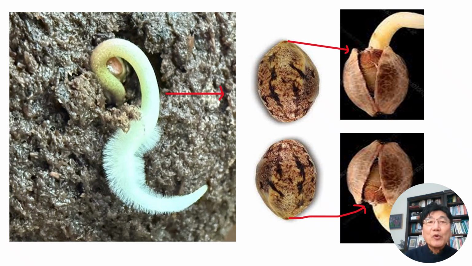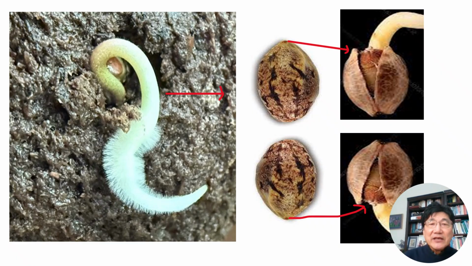The important point is to plant the seed with the pointed end facing downwards. The left picture shows a seed that was planted upside down, causing the roots to grow upwards outside of the starter.